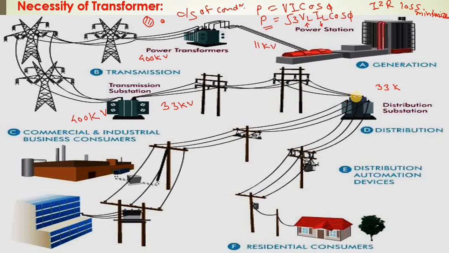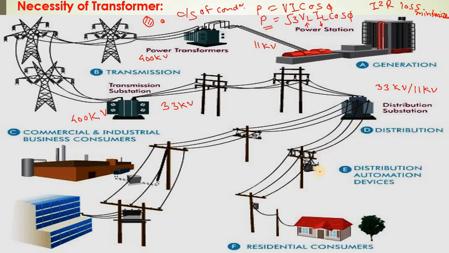Sometimes there is one more transformer unit which is erected near to the consumer, an 11 kV transformer. So the output of this transformer is 11 kV.